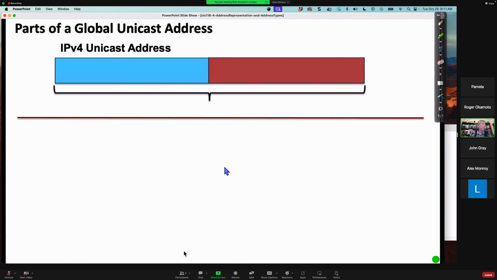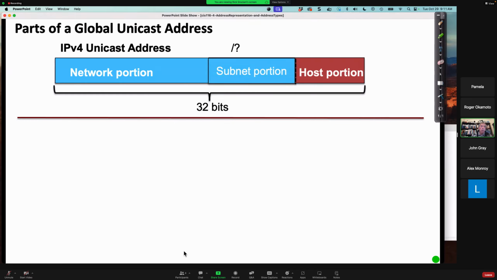So let's talk a little bit about the difference between IPv4 and IPv6. In IPv4, we have a 32-bit address. We have a network portion and a host portion, and our subnet mask determines where the network portion ends and the host portion begins. Now, internally, when we want a subnet, we have to borrow bits from the host portion to create subnets, which reduces the number of hosts per subnet.